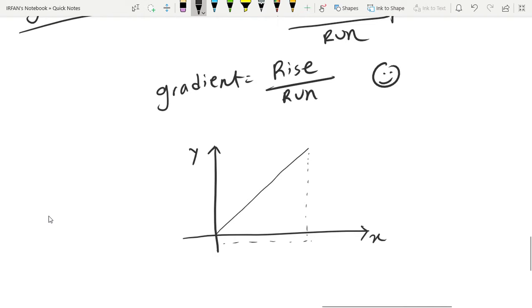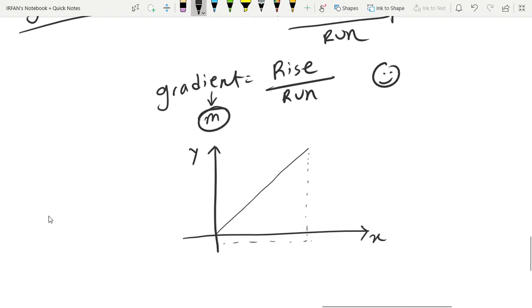We also call gradient m. So whenever I say m, don't mix it up. M means gradient. It's the short form. Instead of writing gradient, if you write m, it also represents gradient. So we can also write m equals rise by run.